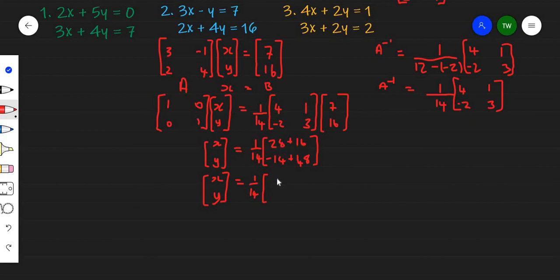So that's going to be 4. Carry 1. So 1 plus 2, that's 3, plus 1 more, that's going to be 4. There. Negative 14 plus 48 is just the same thing as saying 48 minus 14. So 8 minus 4, that leaves me with 4. And 4 minus 1, that leaves me with 3. So that's just 34.